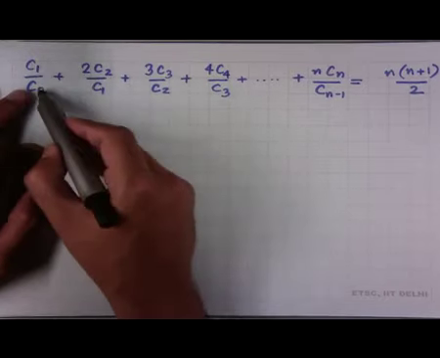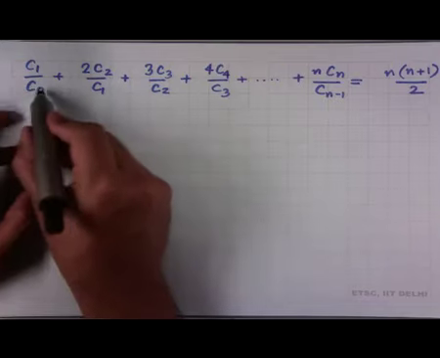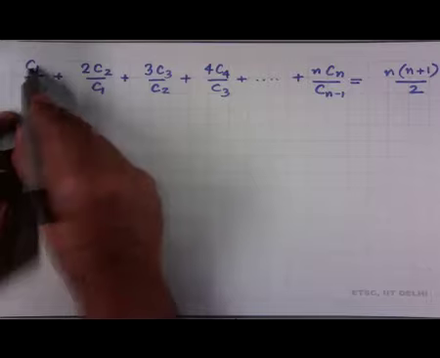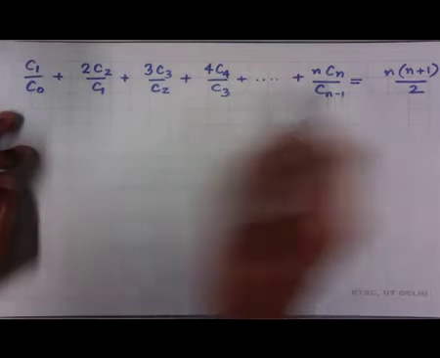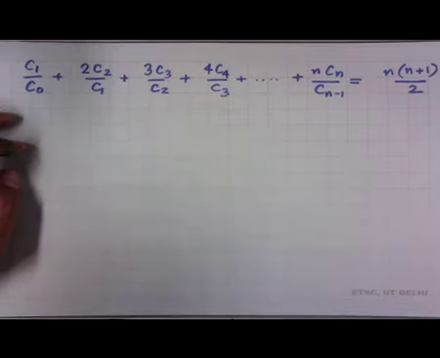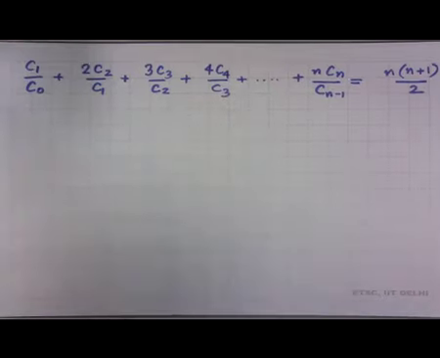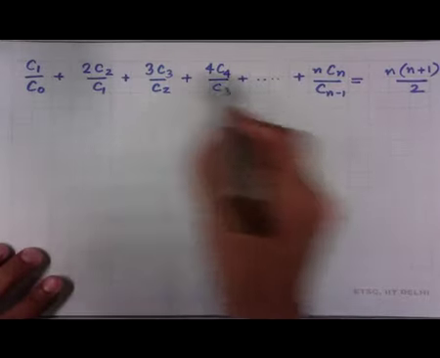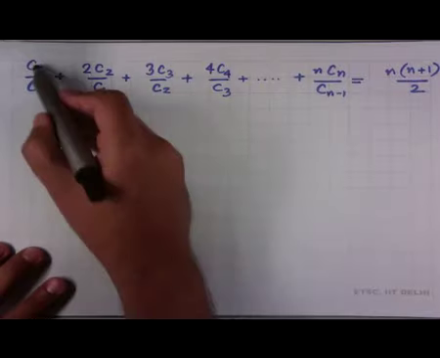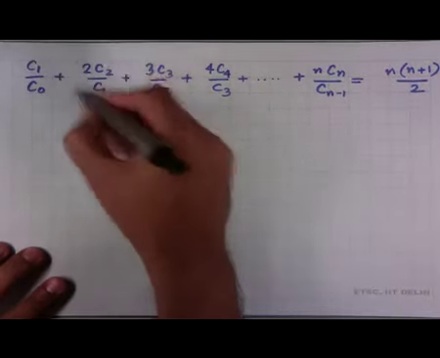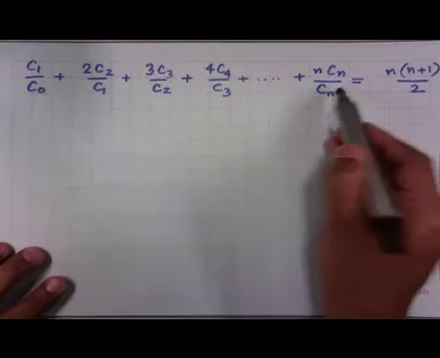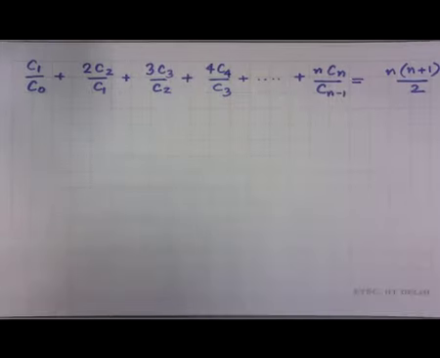So if this is n, look at it, the numerator is going from C1 to C2 to C3, it is increasing, and the denominator is also increasing. So it just could be that the whole thing is dropping all the way from n to 1. Maybe it is a backward sequence, C1 by C0 is n, maybe this is n minus 1, this is n minus 2, all the way till over here where maybe it is 1. Could that be the case?